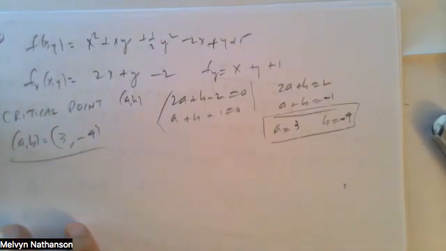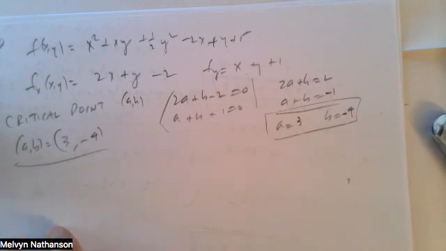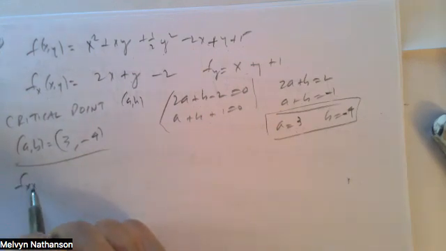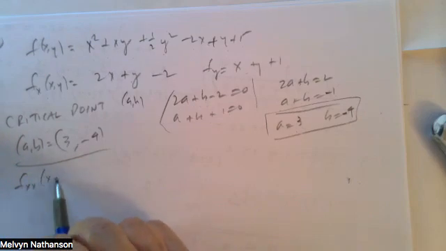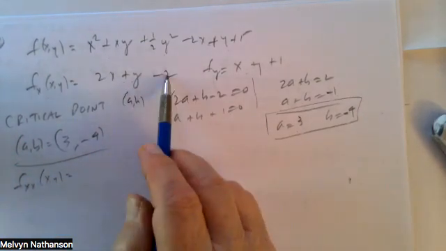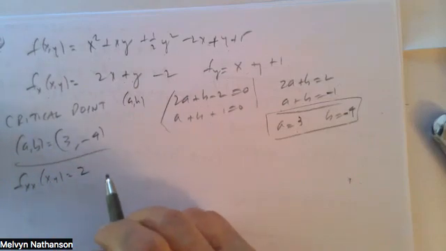So now we apply the second derivative test. So we have to compute the three second partial derivatives of this function. The second partial derivative of f with respect to x: if I differentiate this with respect to x, I get 2.